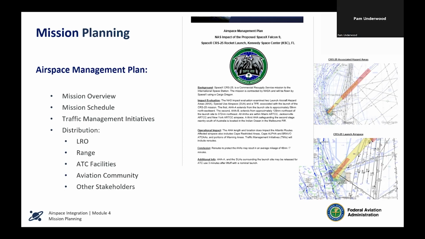Super, thanks, Dwayne. The next question from IATA again, what is the frequency of commercial launches? Does it occur every month? Right now we had 92 launch and reentry missions within the National Airspace System for 2022, the calendar year.